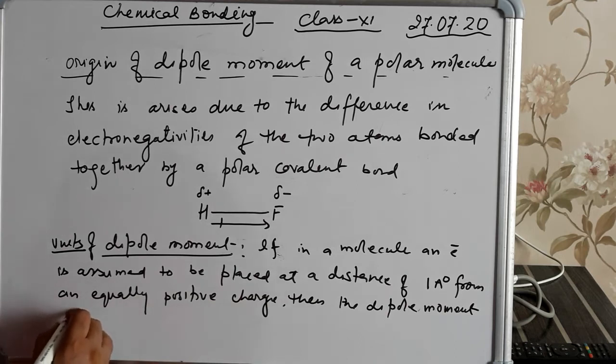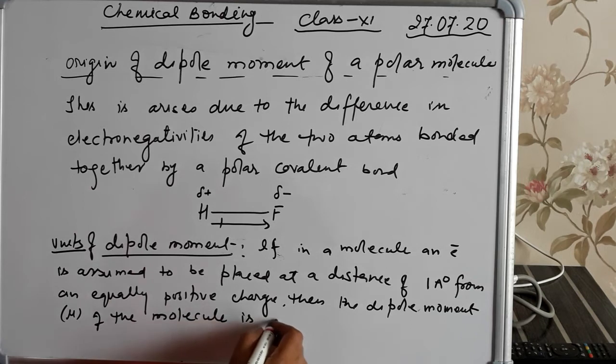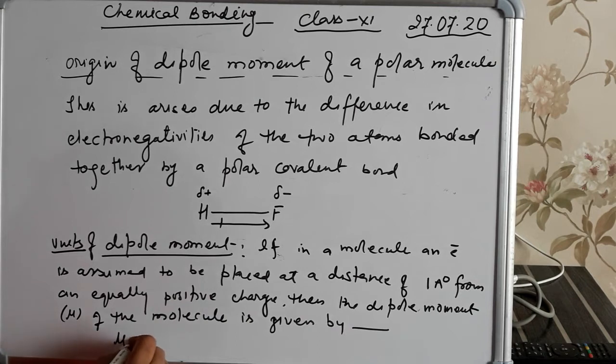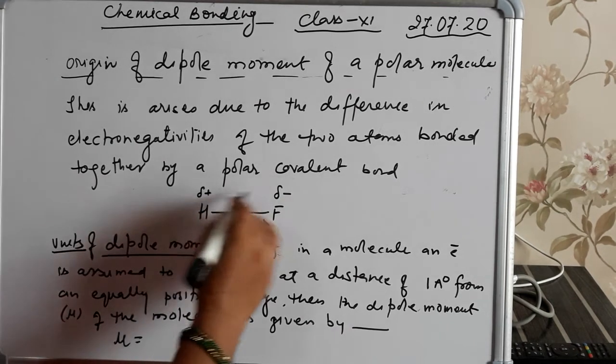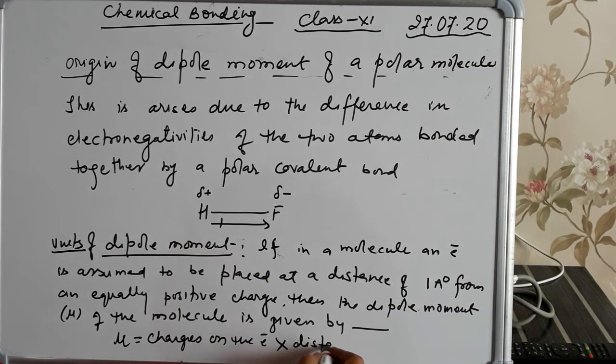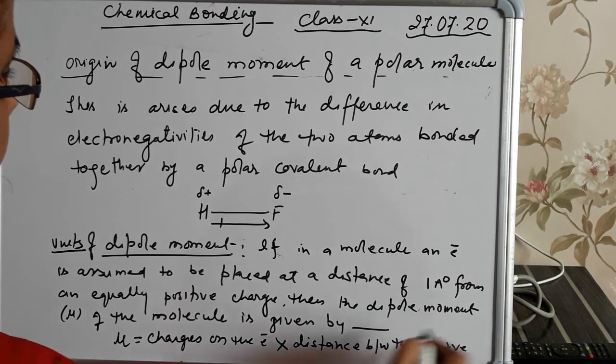Then the dipole moment, that is represented by mu of the molecule, is given by: students, write down mu equal to the charge on the electrons, either negative or positive, and the distance between the negative charge and positive charge.